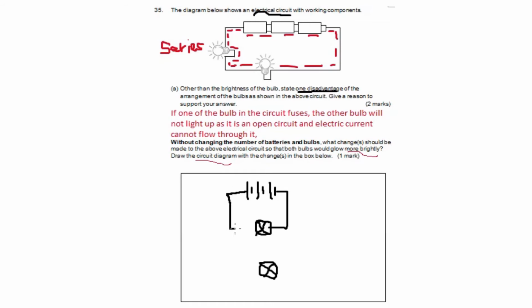Electric current will go through this pathway, and another way is that electric current can also pass through a separate pathway through this bulb, and ta-da. Now check, do I have switches? No, I don't have switches. I have 2 bulbs, 3 batteries, and wires. Okay, that's it. So something simple. I think most of you can get this right, only that it is a circuit diagram. Most of you drew the bulbs and the batteries, which is not what I want.